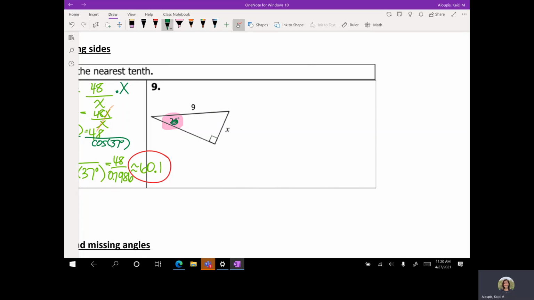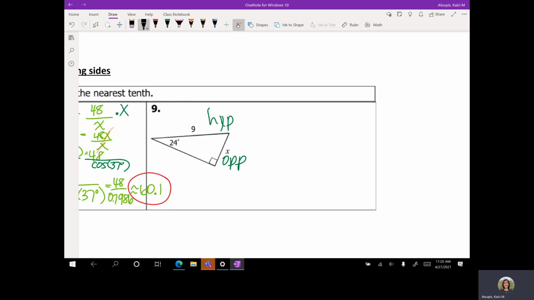Well, from the 24-degree angle to get to this side x, that's my opposite side. This side is opposite because I have to go through the triangle and hit the other side, and I got my opposite side there. This 9 is the hypotenuse. Why is it the hypotenuse? Well, because it's opposite of my right angle. So I have to go look at SOH CAH TOA and see, where do I see an H and an O?